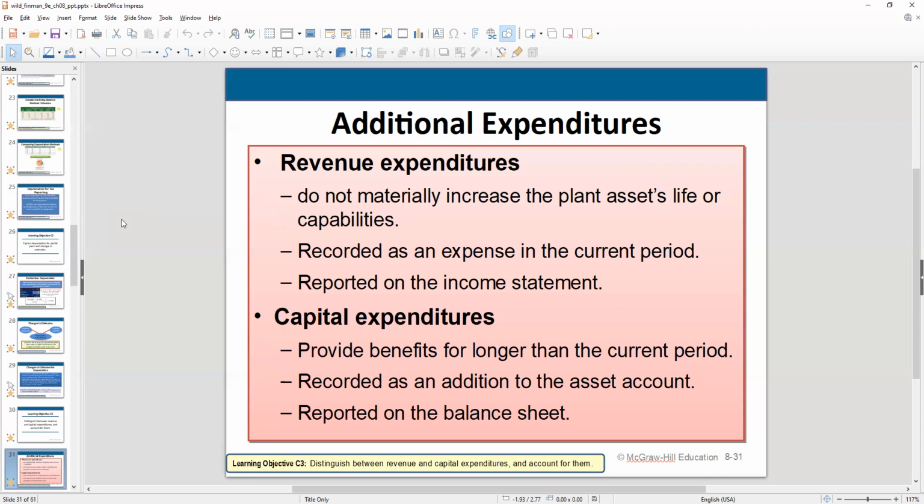Another way of looking at this is you have repairs, which is a revenue expenditure, and you have, I'm trying to think of another term other than capital expenditures. It's going to lengthen the life, so it's going to be capitalized. That's the word I'm looking for. So you're going to either call it a repair or a capitalization. Capitalization means you're going to depreciate it over time.